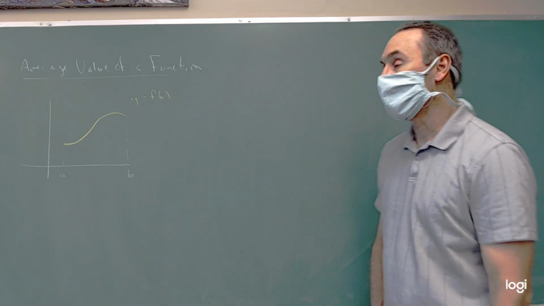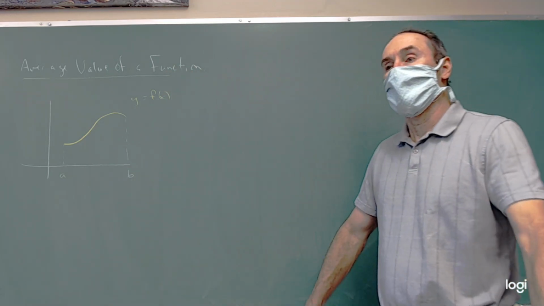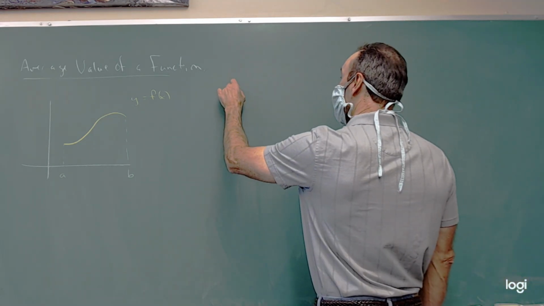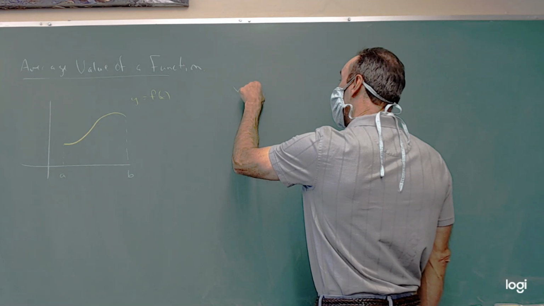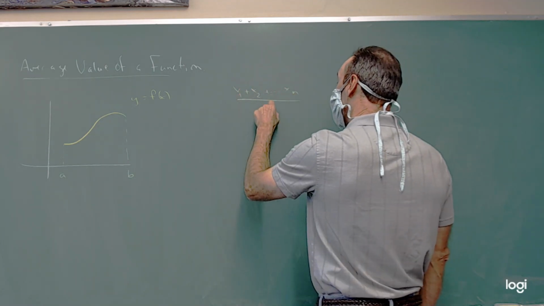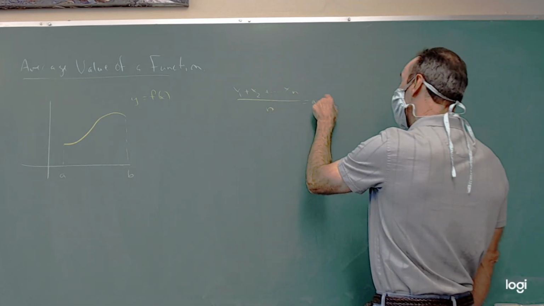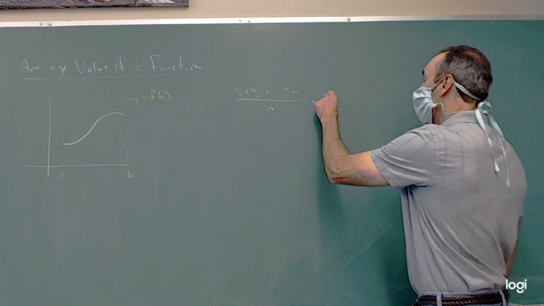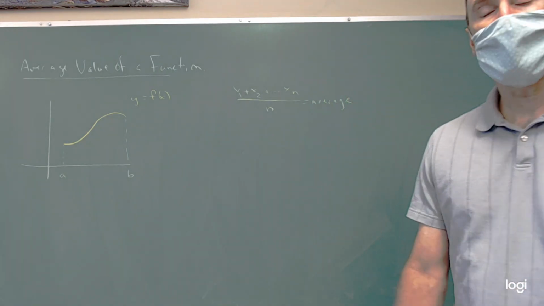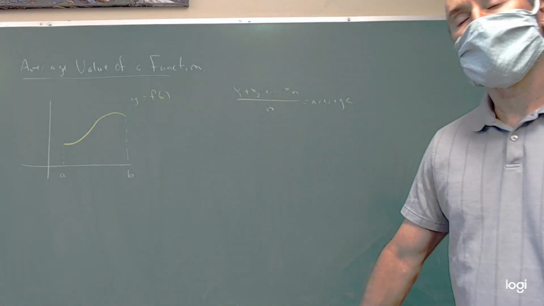I mean, we know how to find the average value of a finite number of numbers, right? You add the n numbers and you divide by n, and that's what we mean by the average of a finite number of numbers. So the idea of an average value of a function, you've got to stretch your mind a little bit.